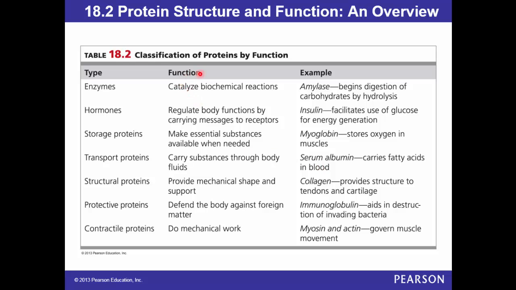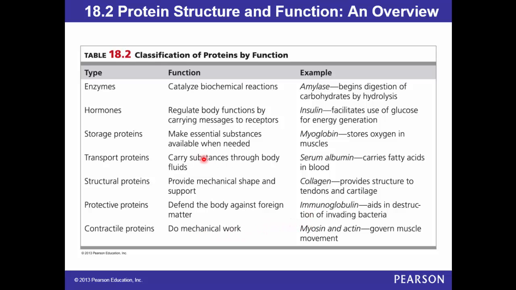Now, classification of proteins by function. Proteins have various functions. If the proteins are enzymes, they catalyze biochemical reactions. If they are hormones, they regulate body functions. Storage proteins like myoglobin, transport proteins like serum albumin, structural proteins like collagen, protective proteins like immunoglobulin, and contractile proteins like myosin and actin.